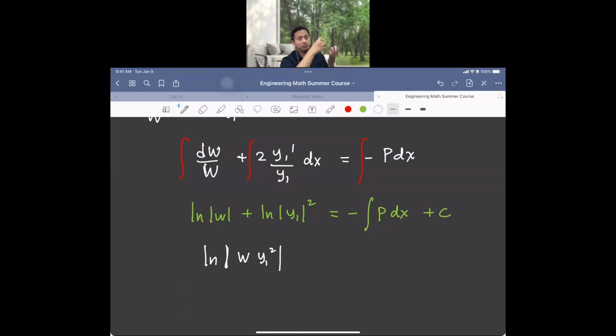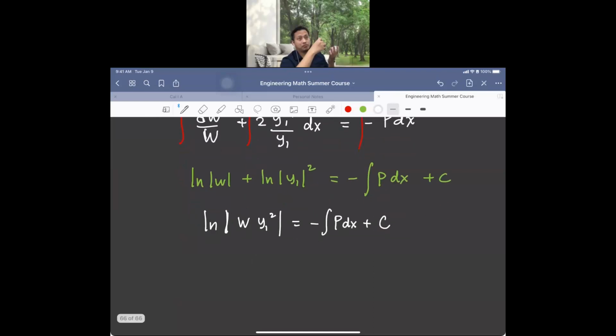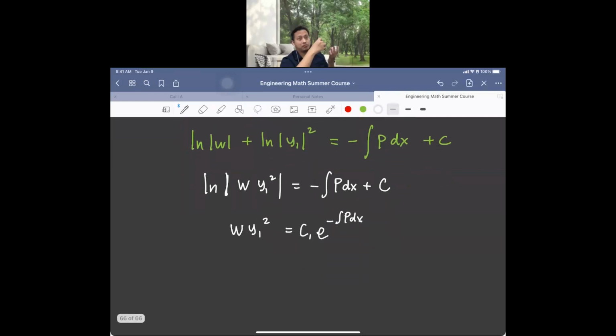Now we can combine this, w y1 squared, and then equal, or we can take the exponential, we remove the logarithm, and this will be e to the power of negative integral of p dx plus c, but it's another constant, so let me write another constant to differentiate this. So let's say this is c1.